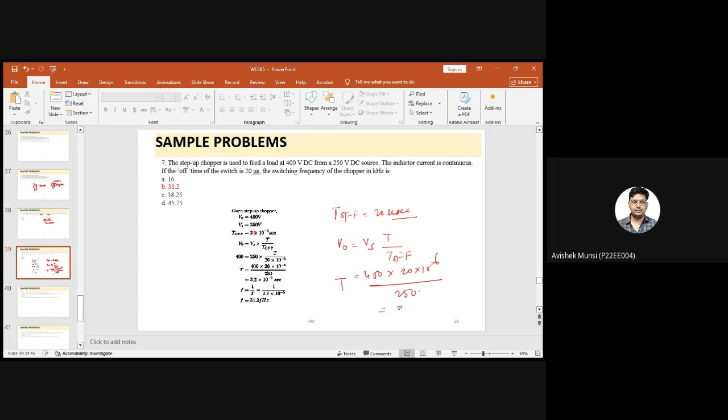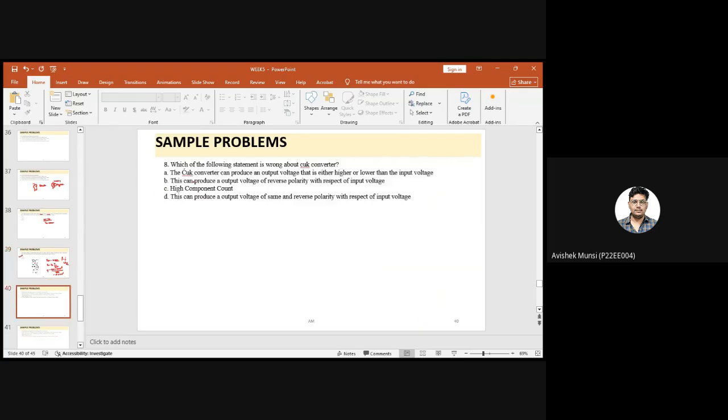So it will be 32 microseconds. If you convert it into frequency, it's 1 by T, and we get 31.2 kilohertz. So option B is correct.